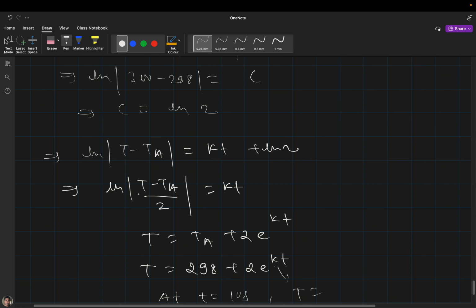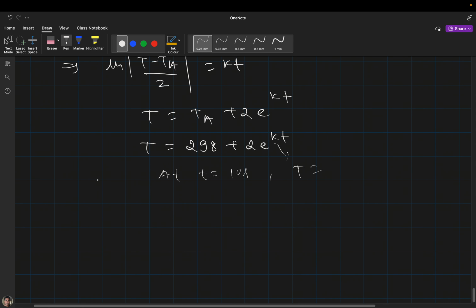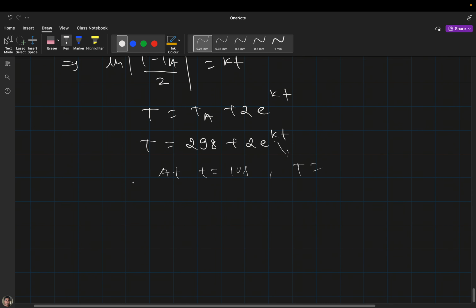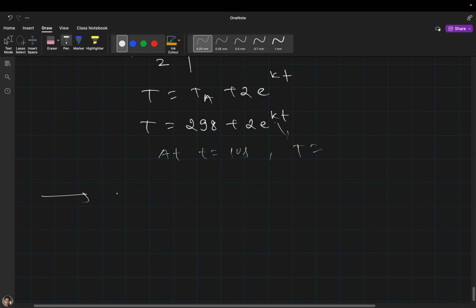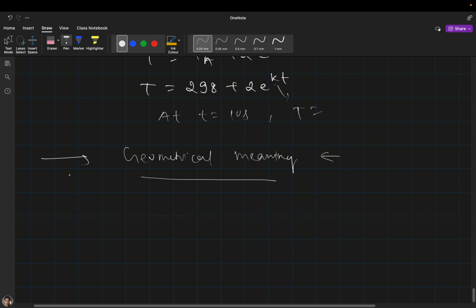Okay, so now we will understand the geometrical meaning of the differential equation. I will only talk about first order differential equation in this case.